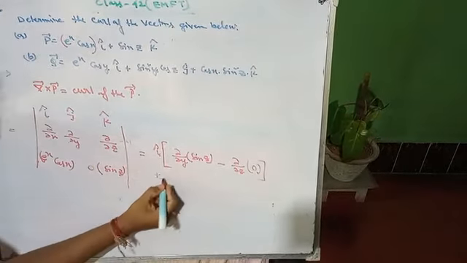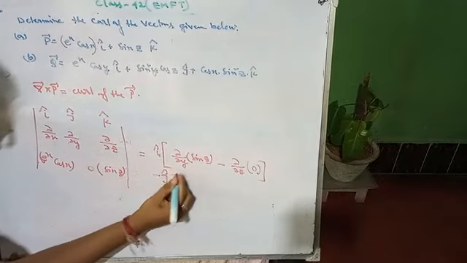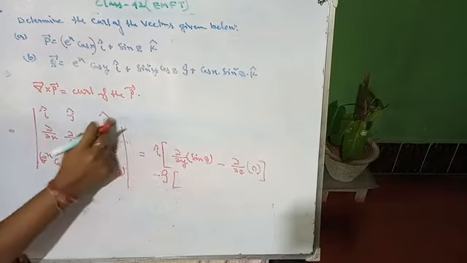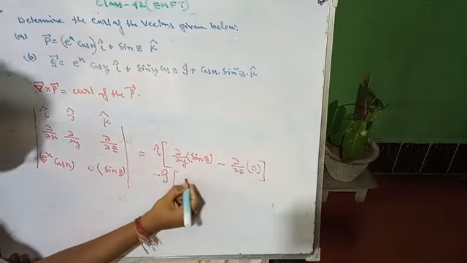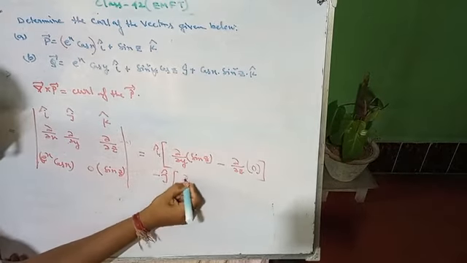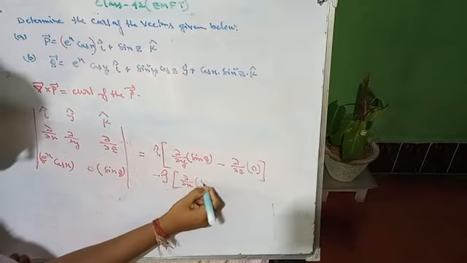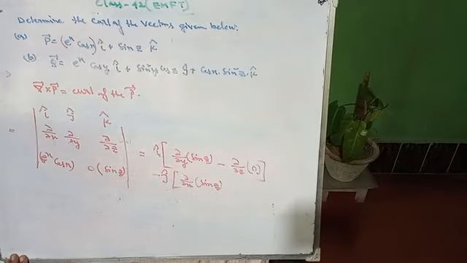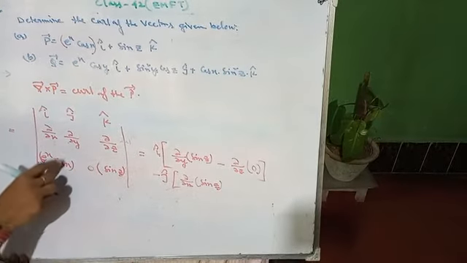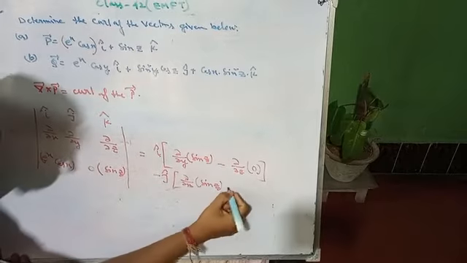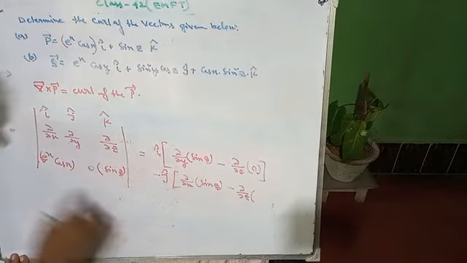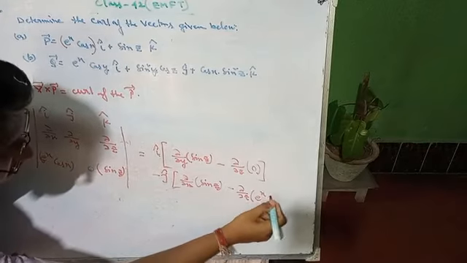Then taking minus j cap now, this column and this row eliminated, del x of sin z minus del z of e to the power x cos x.